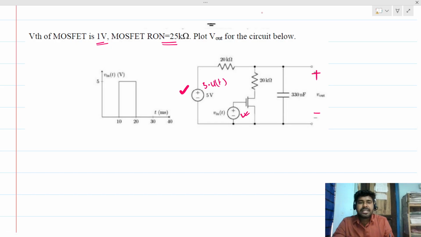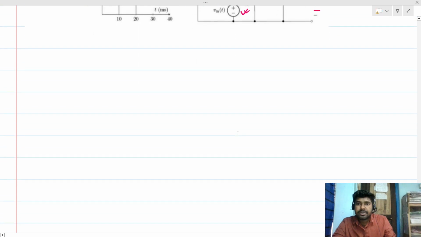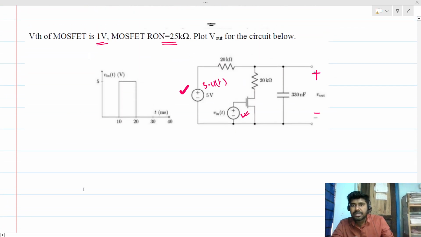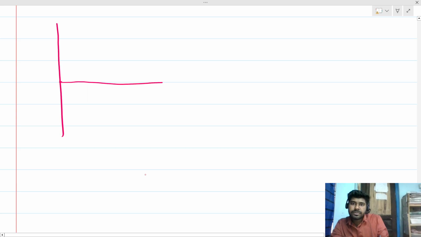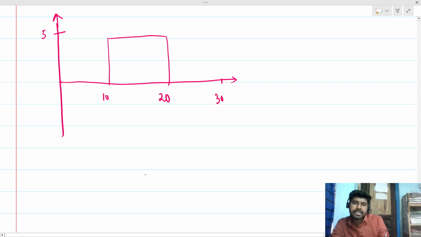Firstly, let me draw the input signal here. So this is the input signal. This is 5 volt, this is 10 millisecond, this is 20 millisecond, let's say this is 30 millisecond.